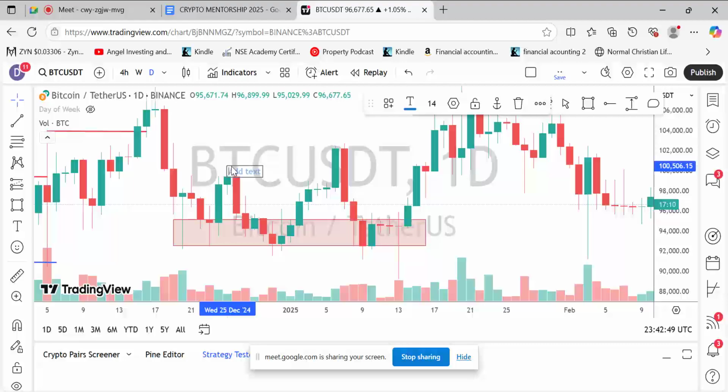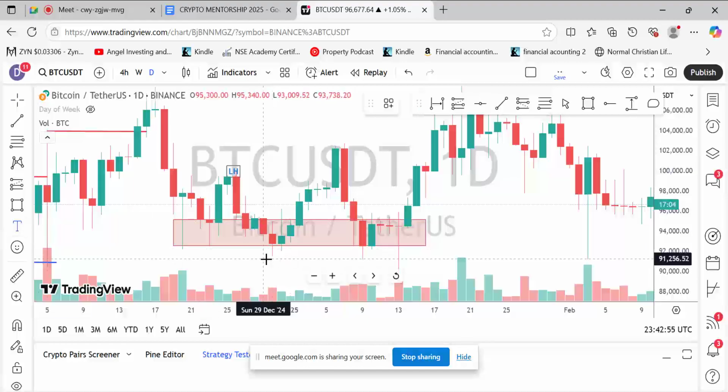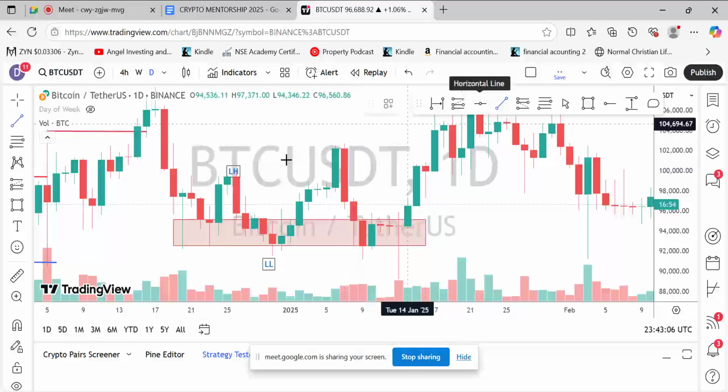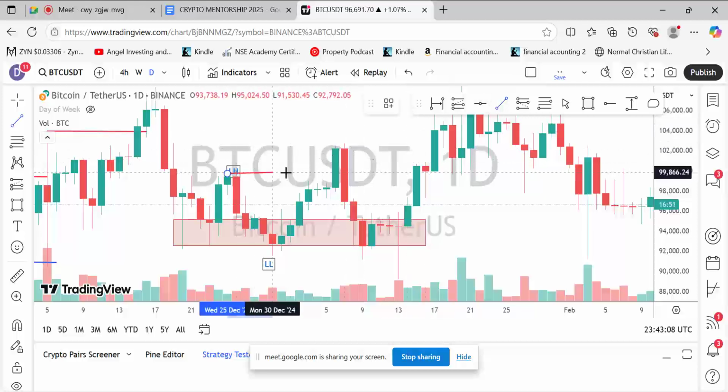This was our lower high before, and this is our lower low. Now, can you see that after this lower low, there was a break in market structure? This one was higher than this one. Can you see that? Yes.